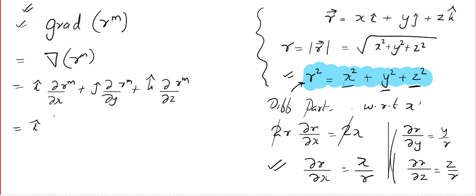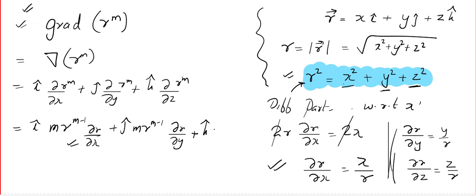So when you differentiate, you have to write m r power m minus 1 times dou r by dou x. Don't forget this. Plus j m r power m minus 1 dou r by dou y plus k times m r power m minus 1 dou r by dou z.